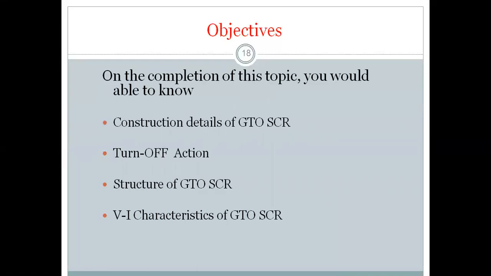On completion of this video lesson, you would be able to know the constructional details of GTO SCR, turn-off action, structure of GTO SCR, VI characteristics of GTO SCR.